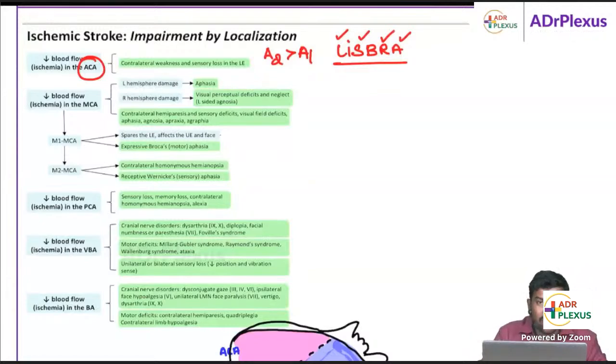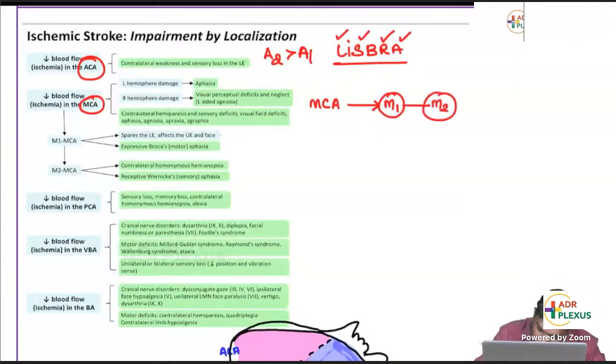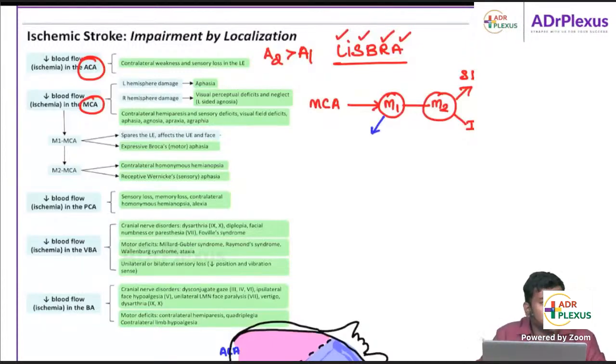Clear? Okay, then next is when the MCA territory is involved. We have two segments here. MCA has an M1 segment, and then an M2 segment. M2 segment has a superior division and an inferior division. Whenever the M1 segment is involved, what is the clinical feature?